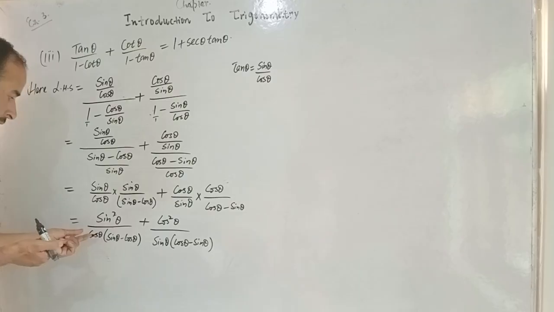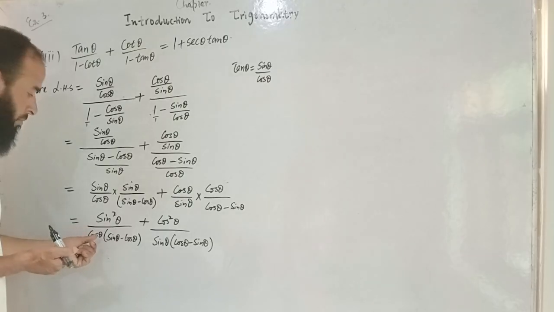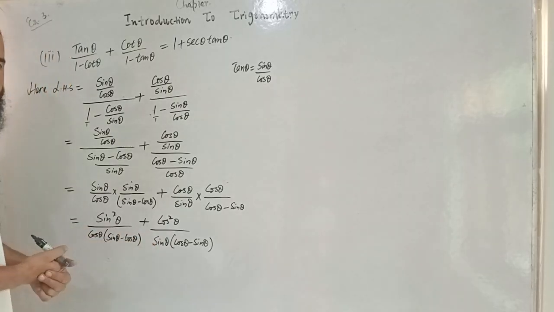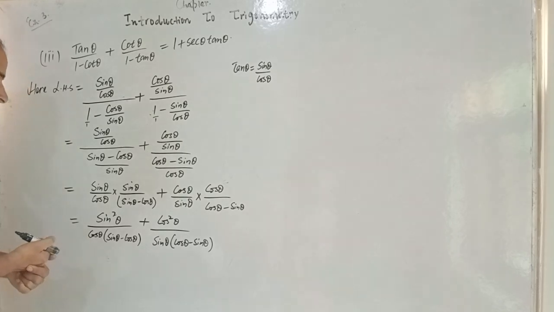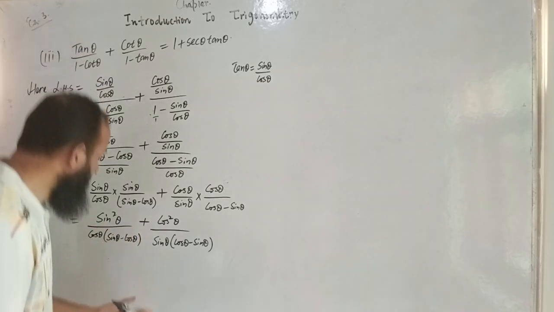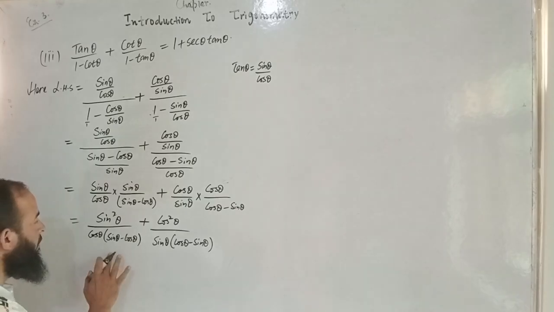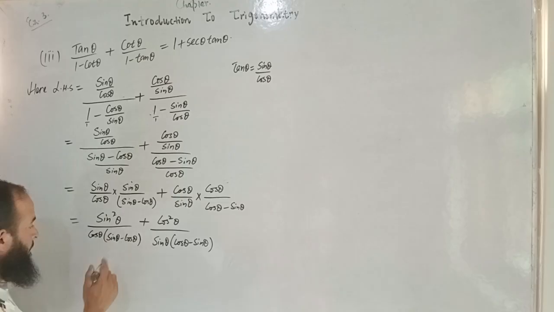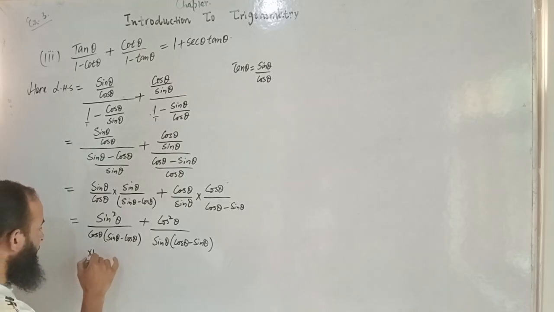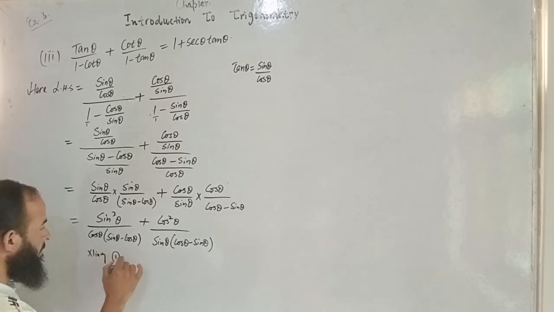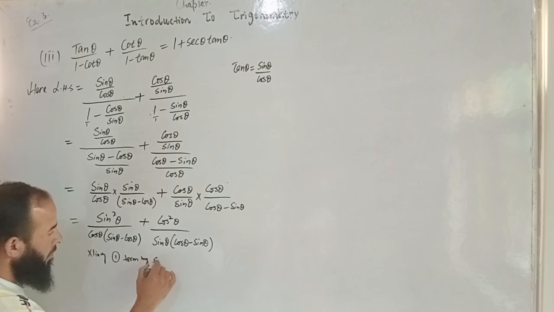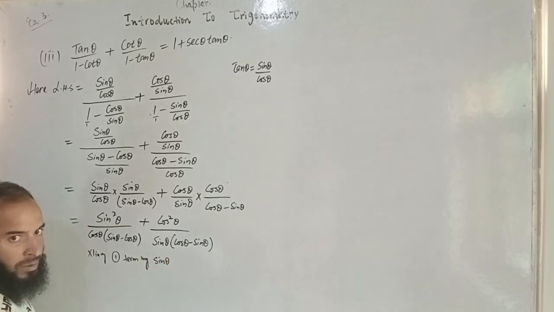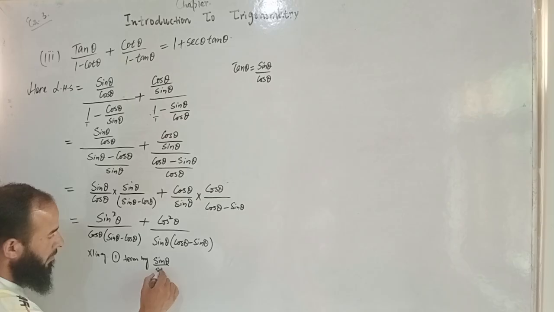Now see, we will try to make the denominators same. Try to make the denominators same. In order to make these denominators same, we will multiply the first term by sine theta upon sine theta.